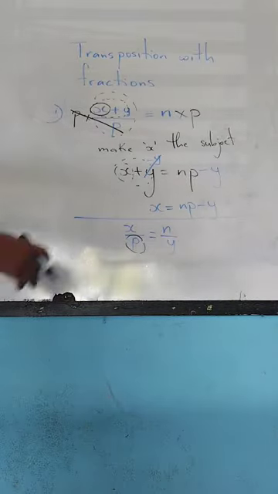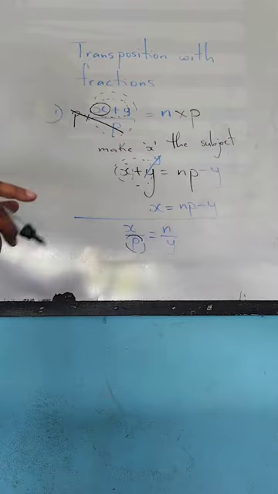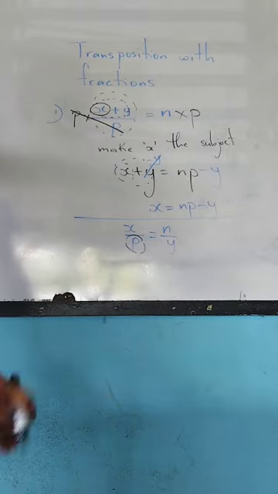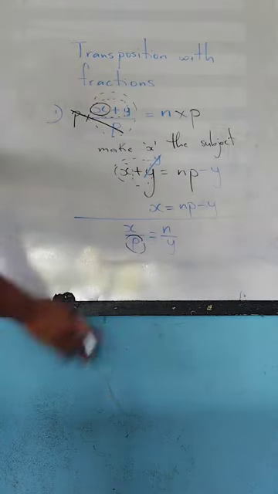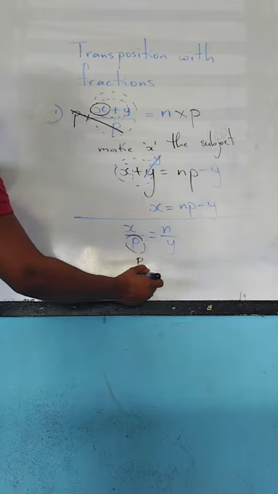If you notice, p is in the denominator of the fraction. So one of the first things I'm going to tell you about the fraction ones now, when it comes to the subject being in the denominator, is that you don't want it down there. In order to make it the subject, you want it in the numerator. So I'm just going to flip this and put p over x.